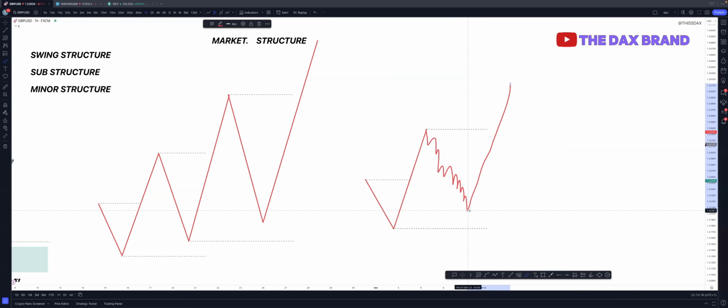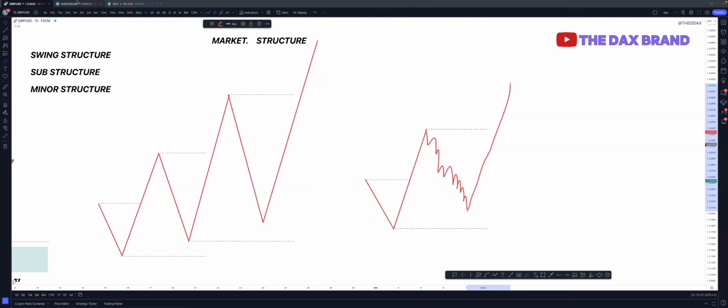I hope you're getting it. This is the sub and this is the minor. And for now, I want you guys to just ignore the sub and minor structure. Just focus solely on this swing structure, like it's the most important thing here.